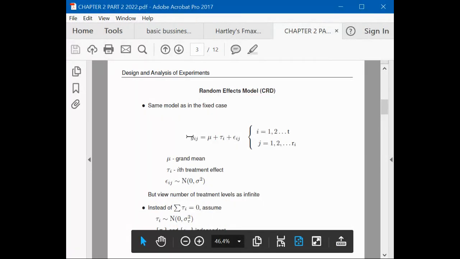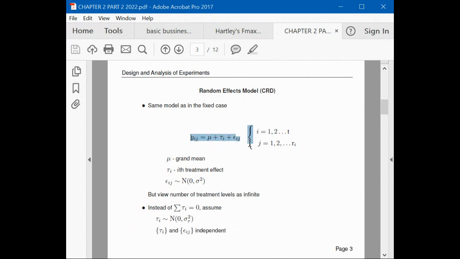What I was trying to explain is that you know this model, guys, from the fixed effect model. The model is going to remain the same. This is the population mean, the effect of the i-th treatments, errors are normally distributed around the mean of 0. These things are still the same.